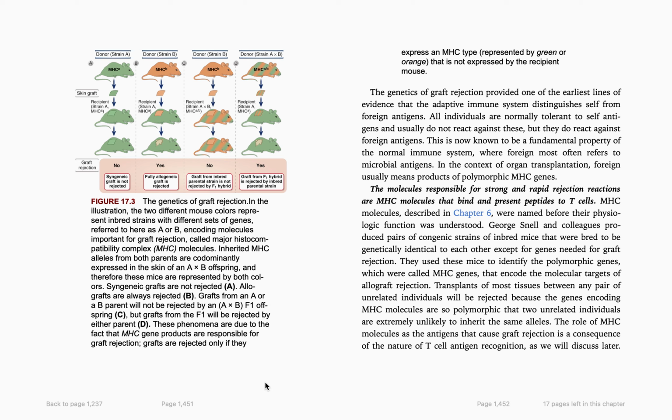The transplant of most tissues between any pair of unrelated individuals will be rejected because genes encoding MHC molecules are so polymorphic that two unrelated individuals are extremely unlikely to inherit the same alleles. The role of MHC molecules as antigens that cause graft rejection is a consequence of the nature of T cell antigen recognition, as we'll discuss later.